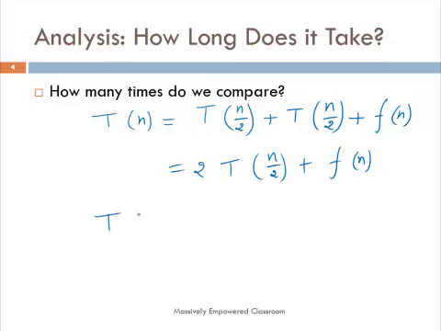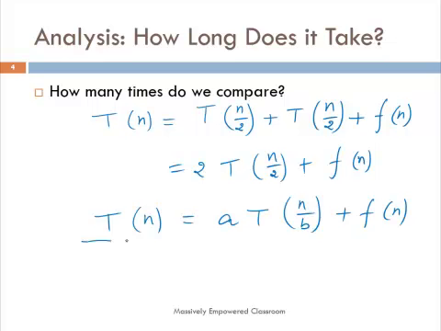In general, if we divide it not into two parts but into some other number of parts, the recurrence relation for a divide and conquer algorithm takes the form a times t n by b plus some function f of n. So this is the typical recurrence relation for a divide and conquer algorithm. We will see how to solve such a recurrence relation.